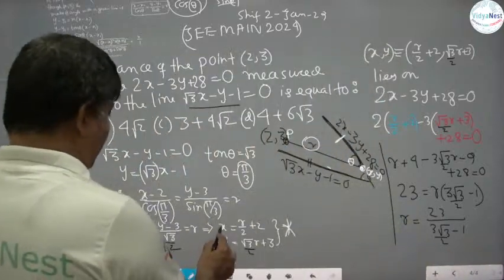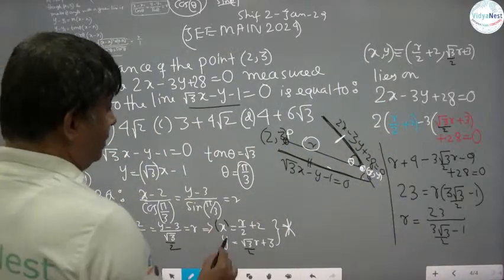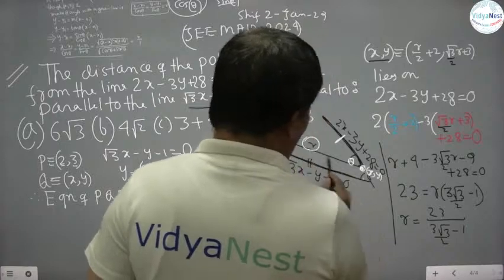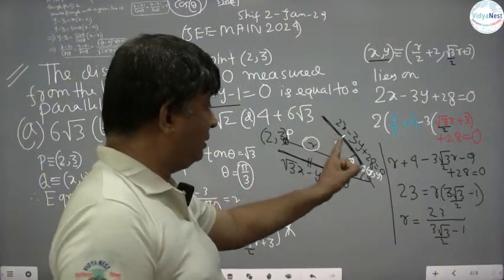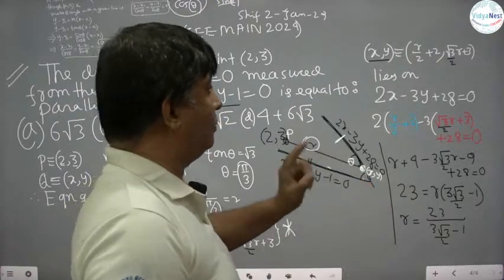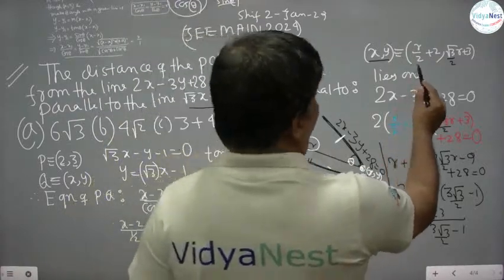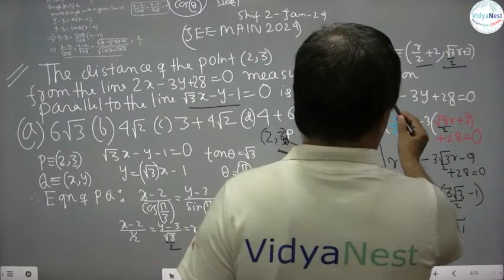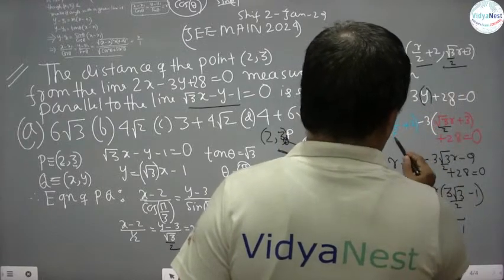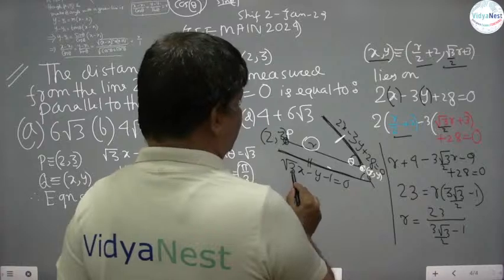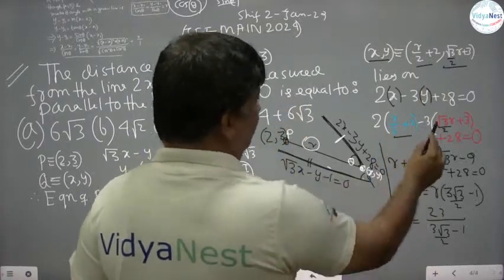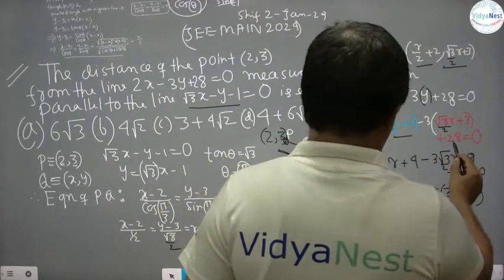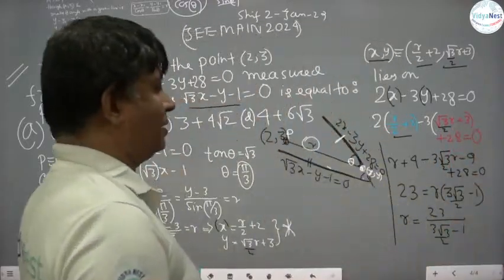Now, x and y we have got. Now, where does that x, y lie? That x, y lies on this line. So, that x and y will be replaced. In place of x, you replace r by 2 plus 2. In place of y, root 3 by 2 r plus 3, minus 20 plus 28.